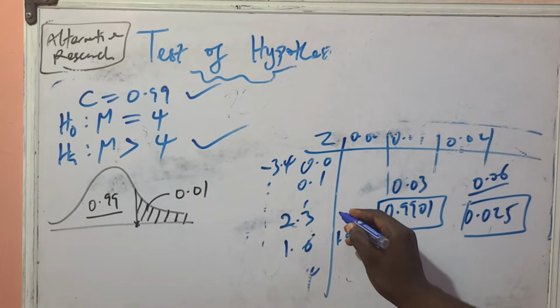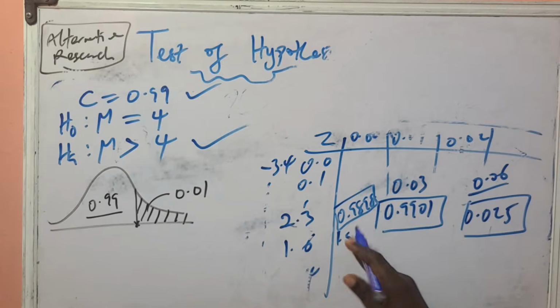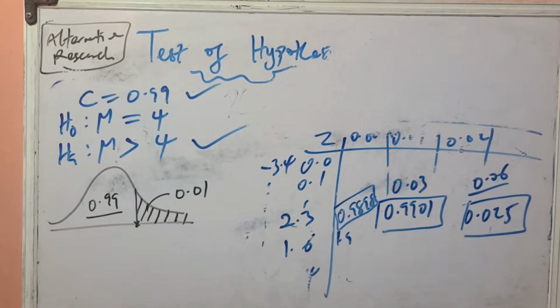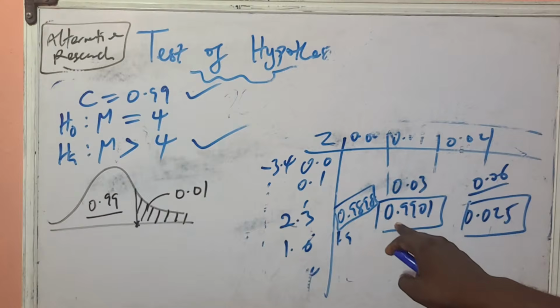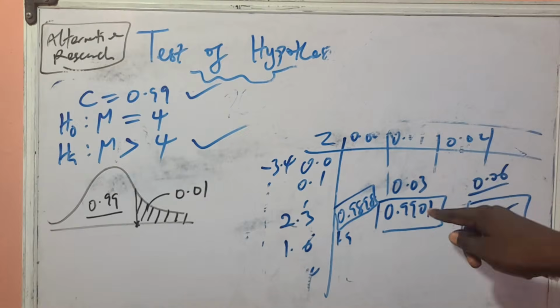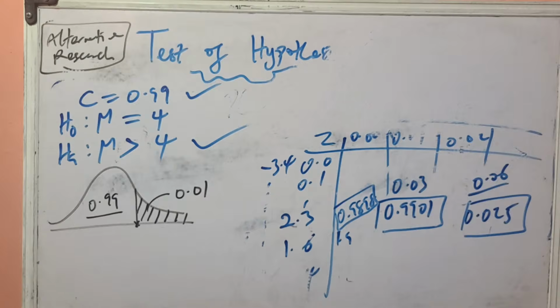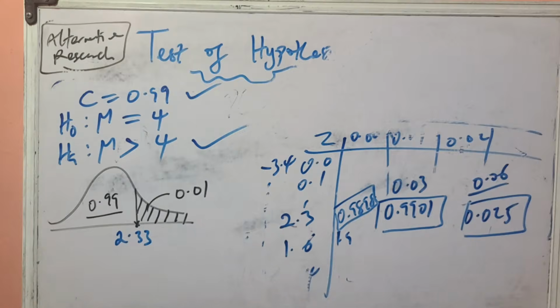Now we have a value of 0.9898, but if we check this out, this one is 0.0002 closer, whereas this one is 0.0001 further. Obviously, this is the one closest to 0.99. So I'm going to be using 2.33 as my Z value. All right, so that's the Z score for this case. So this is my critical value for this scenario.